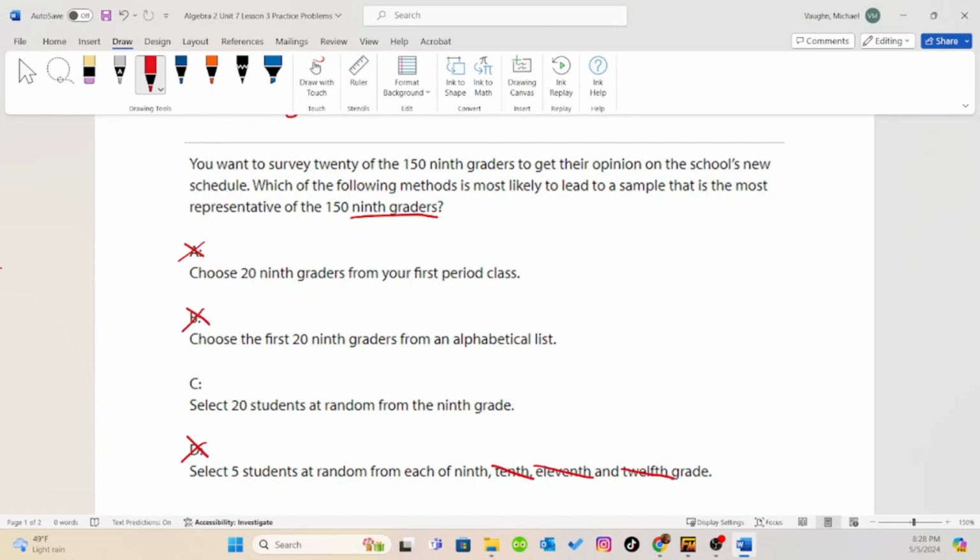The best and most representative would be choice C, selecting 20 students at random from the entire ninth grade. You could put their names into a program and have it select. You could assign them all numbers and use a random number generator, but you want to assign them randomly, and you want the entire population to have the same chance of being picked.